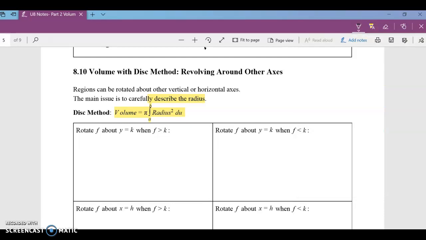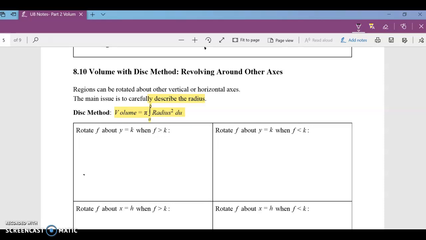All right, so I am going to rotate a function f about the line y equals k, and my function f will be greater than k. You have to remember what y equals k would look like. That would be a horizontal line, and my function is going to be above that line, thus greater than.